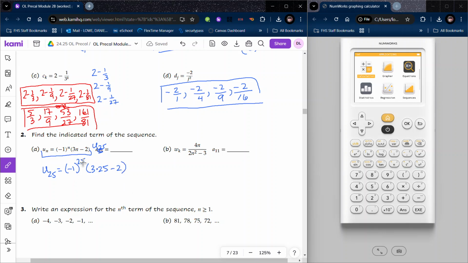Well, negative 1 to the 25th, that's an odd number, so I'm going to have negative 1. 3 times 25 is 75, minus 2 is 73, so my 25th term is going to be negative 73.